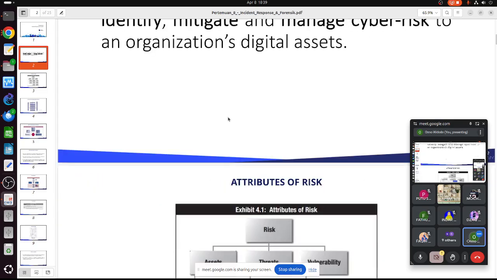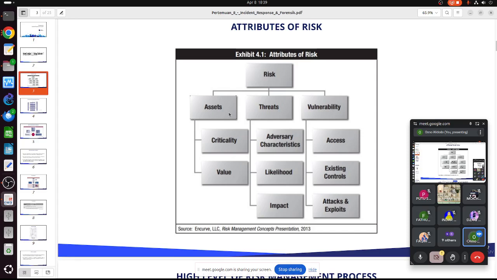But still we need to understand what the risk is and how we can identify, mitigate, and manage this risk. So these are the attributes of risk: asset, threat, and vulnerability. The asset is our asset, our product, our equipment, our server platform, and so on.